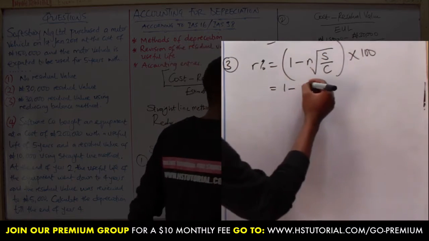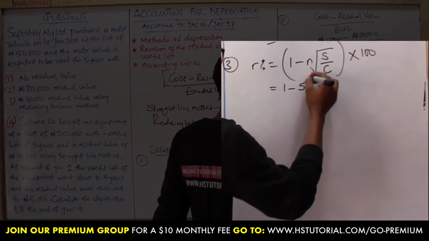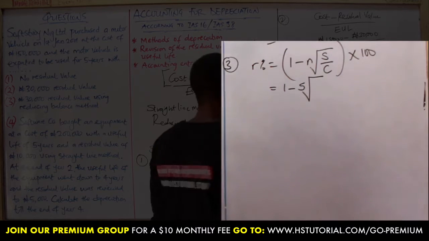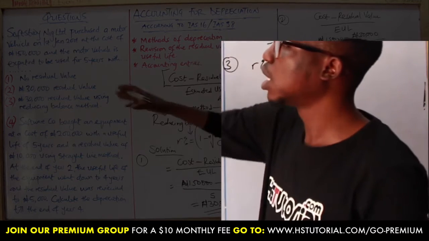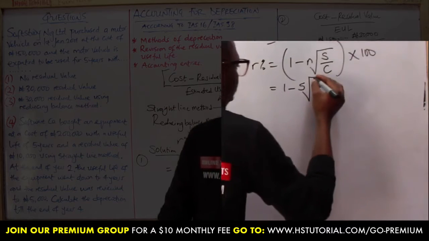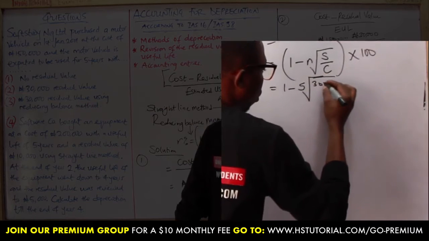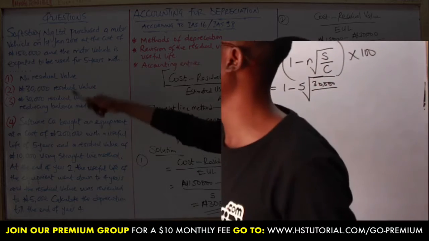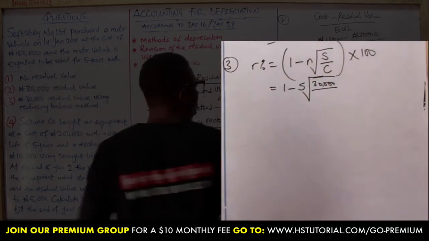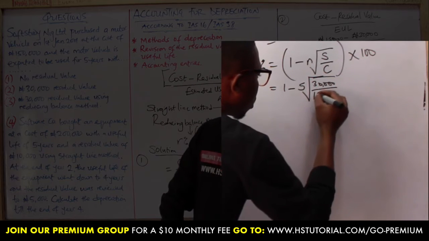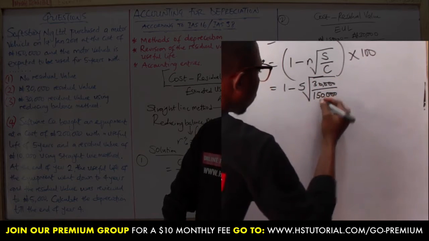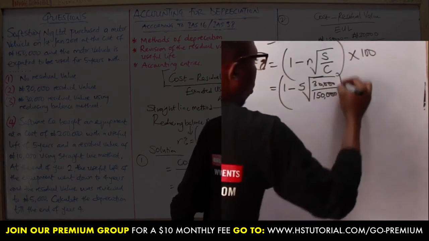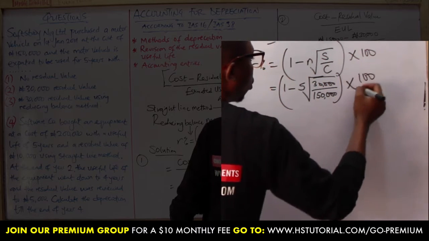So what's the number of years? We have 5 years. Then the scrap value in the question is 30,000 naira. All over, what's the cost of the asset? The cost of the asset is 150,000 naira. Then multiply by 100.